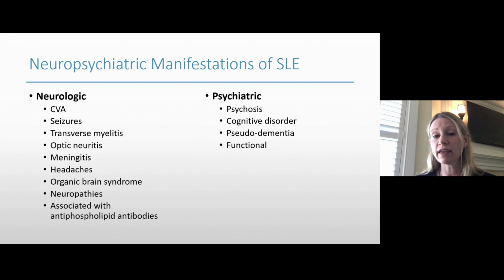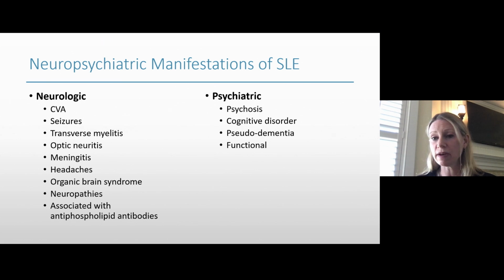And neuropsychiatric manifestations of lupus are another important consideration. There are many different neurologic manifestations, including strokes, seizures, transverse myelitis, optic neuritis, meningitis, headaches, neuropathies, and many of these are associated with antiphospholipid antibodies, but not all.